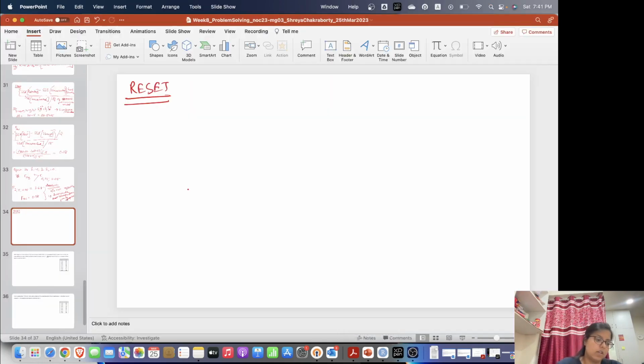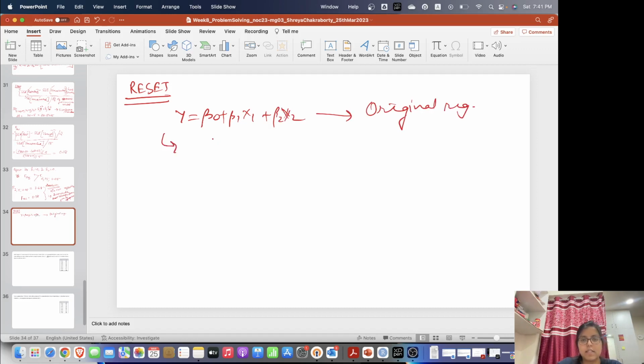Okay, so for the RESET test, the steps are: first we are going to fit the original regression. This will be the restricted model, and from here I am going to get the sum of squares error due to the restricted model. This is step 1.